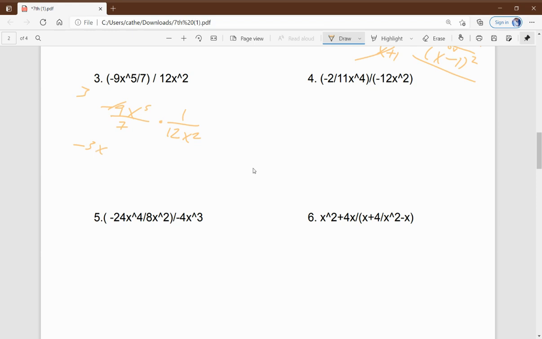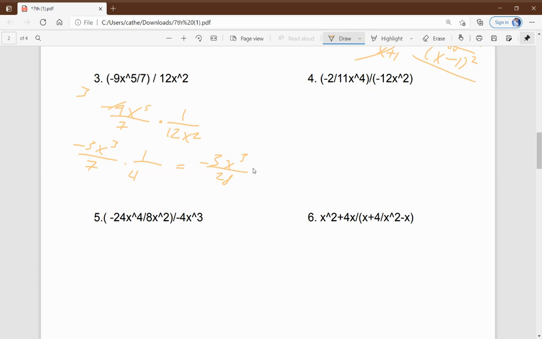We get negative 3x to the 5 over 7, times 1 over 4x squared. And if we do that, we would just get rid of that 1 and then subtract 2 from the exponent. So you just get x cubed. As a result, you get negative 3x cubed over 28.